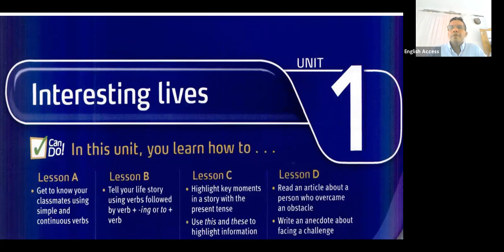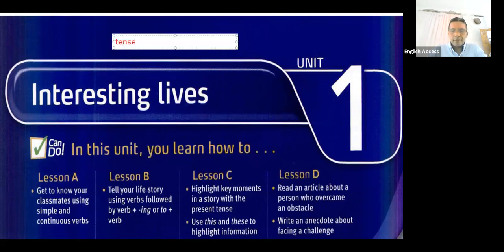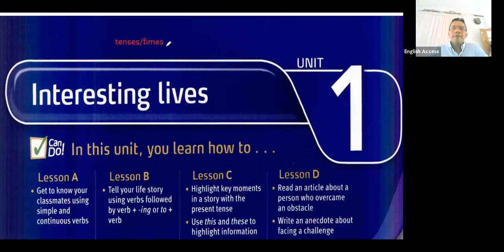Remember, you need to pay attention to tenses. If you start speaking about tenses, don't say times. That's wrong. Time also means tiempos, but it's something different.